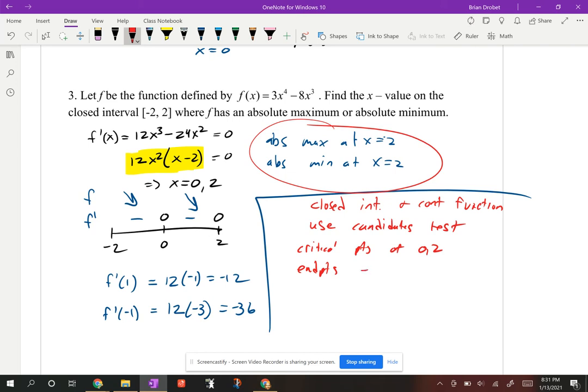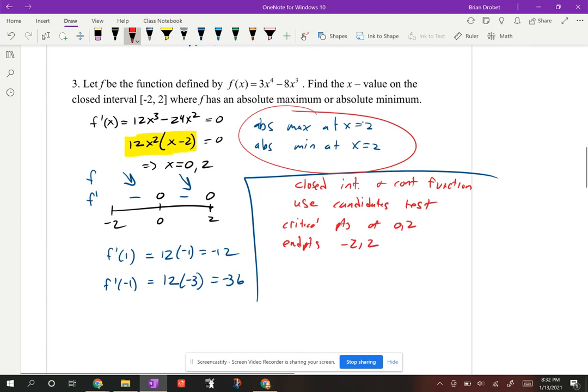We have endpoints of -2 and 2. And what we'll do is we'll just evaluate the function at each one of those. So the candidates for absolute max and absolute minimum are always critical points and endpoints. Those are always the places where you can have a maximum or a minimum.